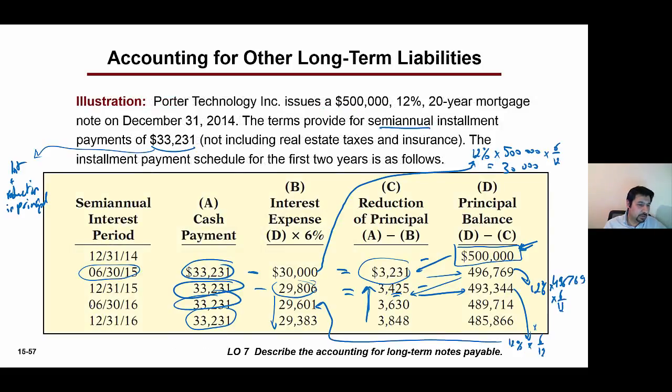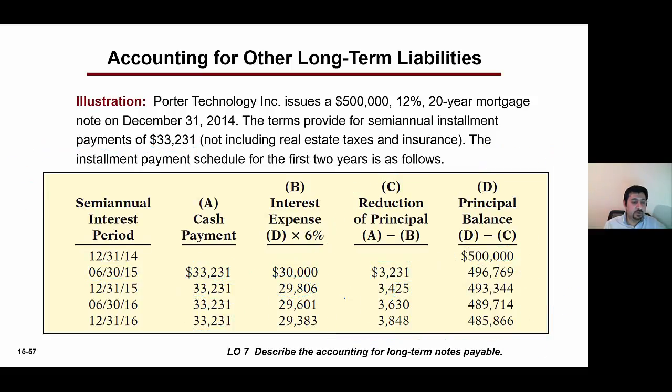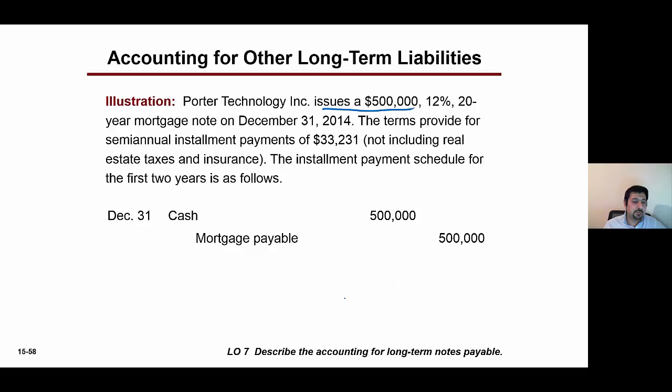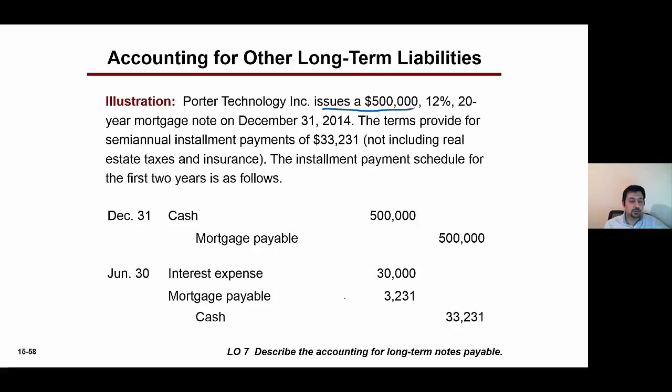The company will be paying 33,231, out of which 30,000 is interest expense and 3,231 is the reduction in principal, which is basically the loan itself. So the company will debit interest expense 30,000, debit mortgage payable 3,231, and credit cash 33,231. So this is the installment payment.